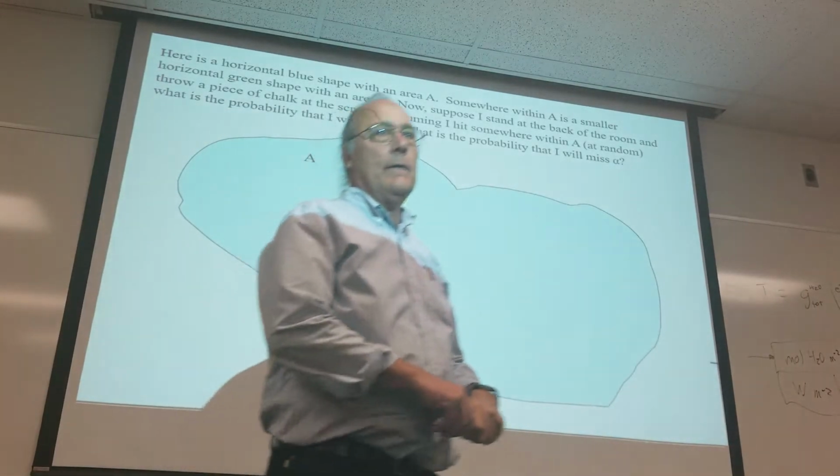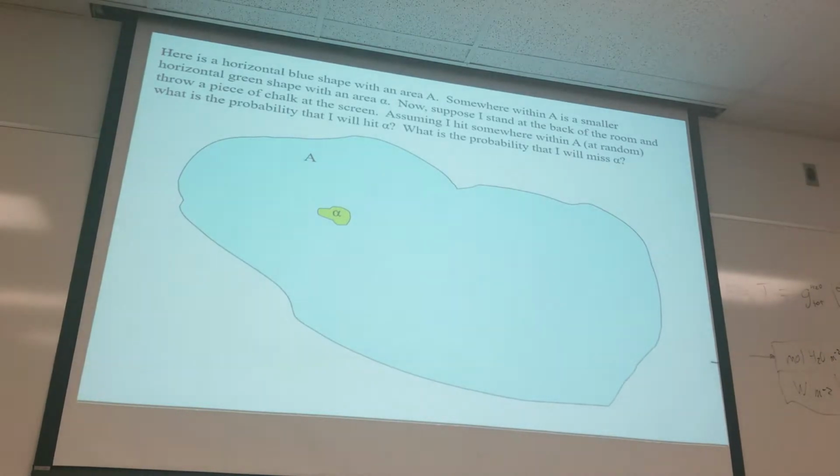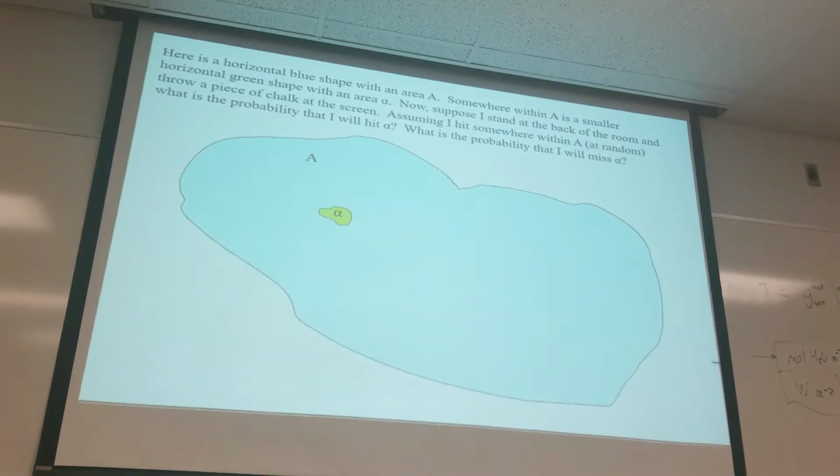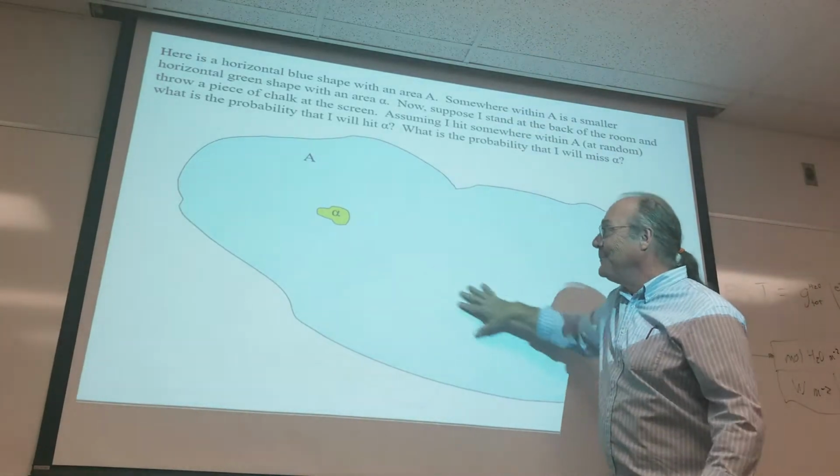Now, let me stand back here at the back of the room with my cap in my hand. If I throw this at the screen, I'm not going to do it, I don't trust myself. I didn't even hit it.